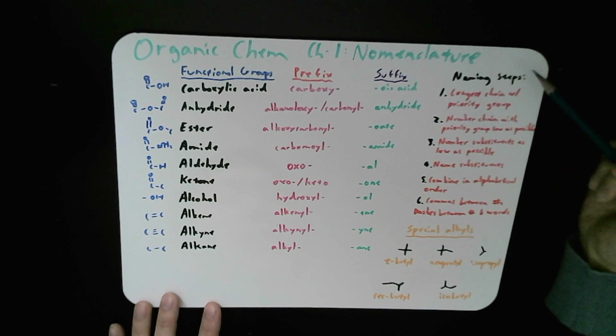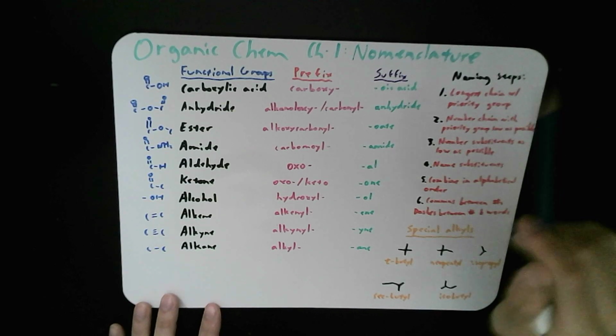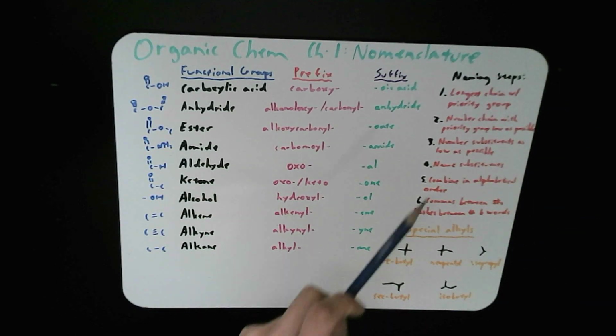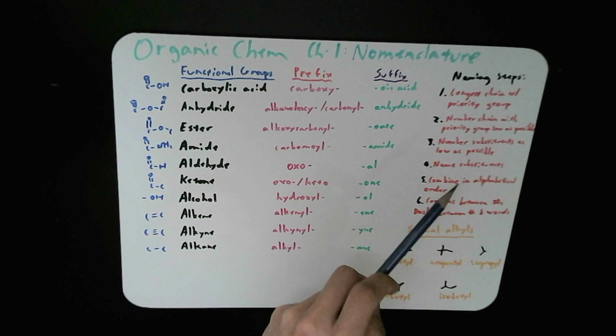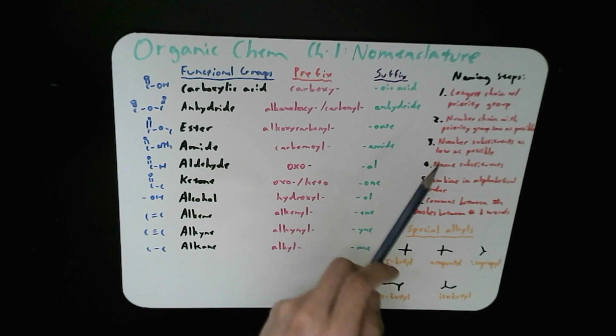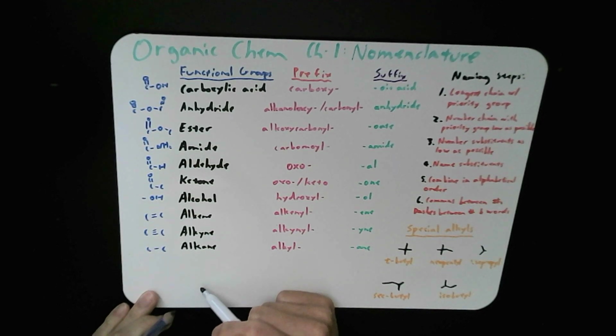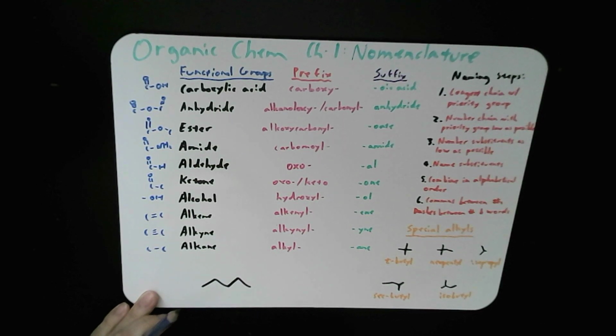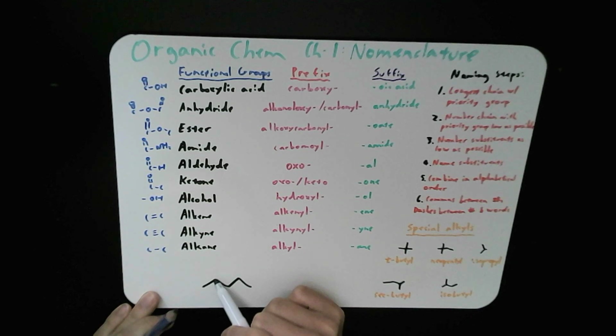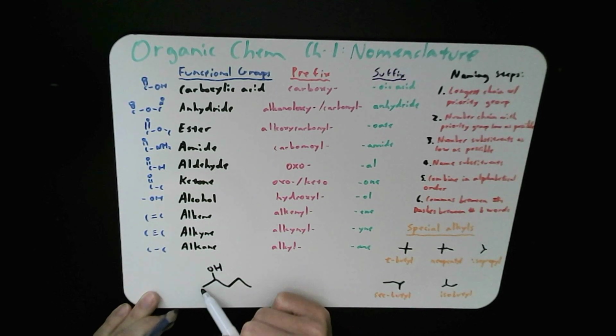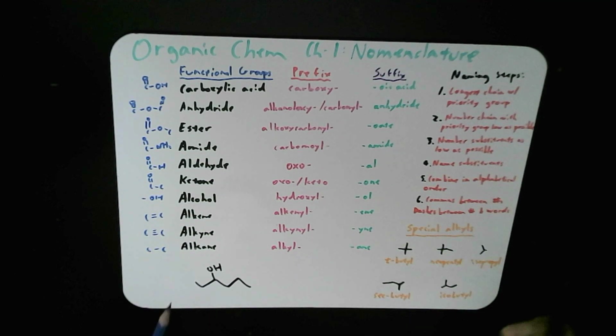When you see a compound, you want to identify the longest chain with the priority group. Now, what I mean is, if you have a compound that goes like this, right?